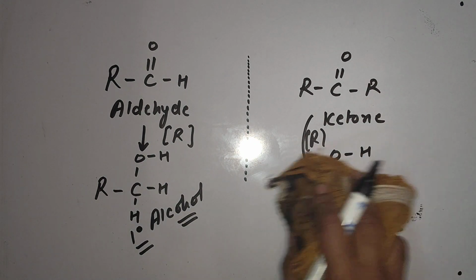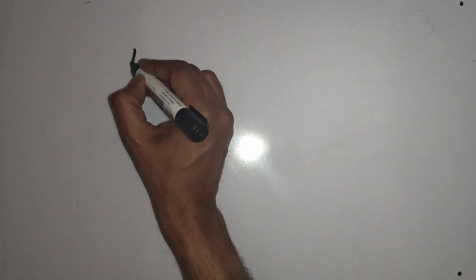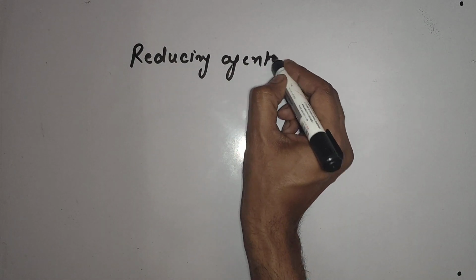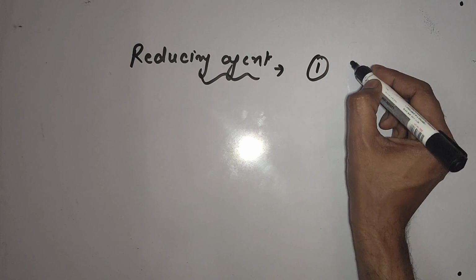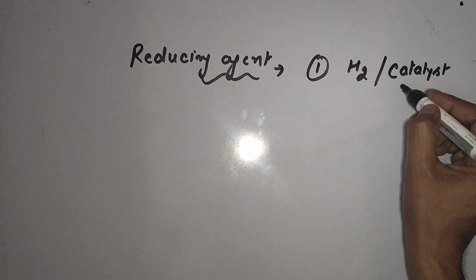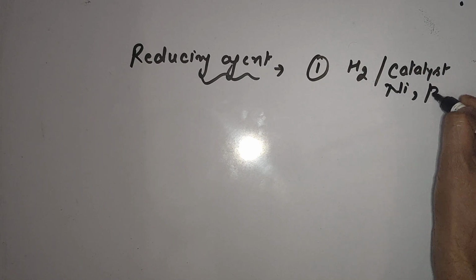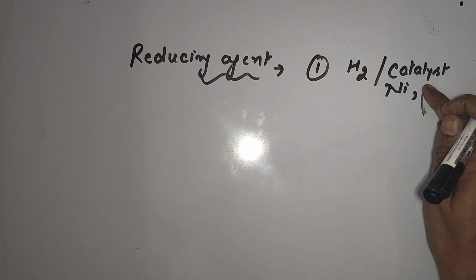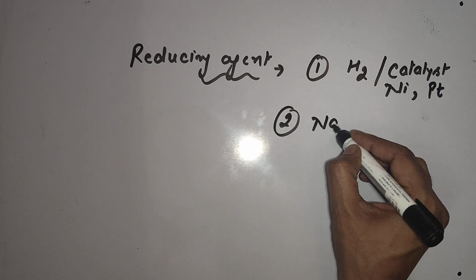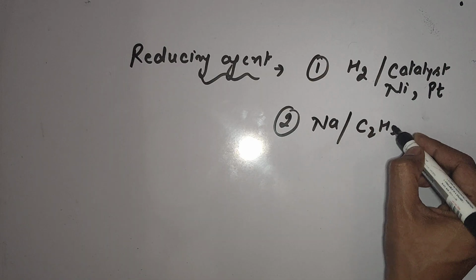Okay. Now for reduction we know what we require. We require reducing agents, the chemicals which can reduce aldehyde or ketone up to alcohol level. So reducing agents you can use, note down. You can use direct hydrogen gas in the presence of some catalyst like nickel metal or platinum metal. Second, sodium in the presence of ethanol, C2H5OH.